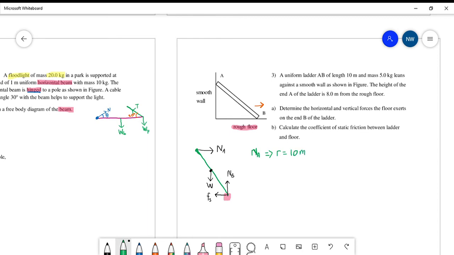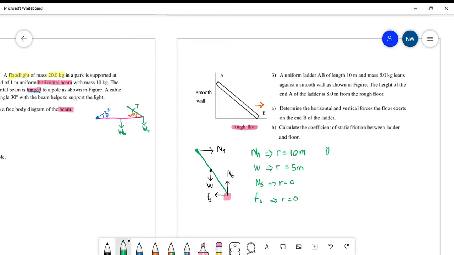Okay, and then untuk weight, distance dia akan jadi setengah lah, which is daripada weight ke pivot point 5 meter. Okay, so jadi untuk normal dengan friction ni, distance dia kita tahu equals to 0 because pivot point tu terletak pada point of action force kita tu. Okay, jadi R dia equals to 0.